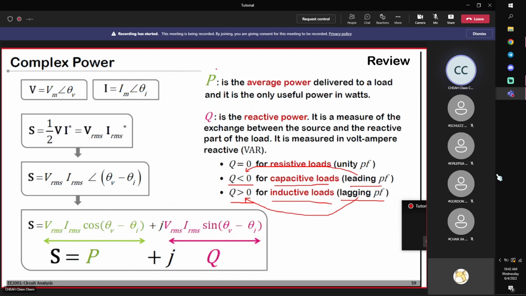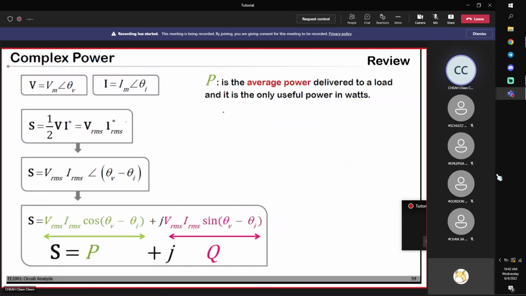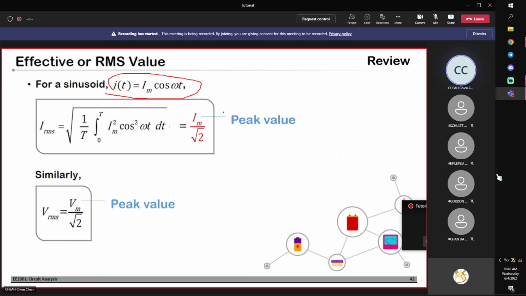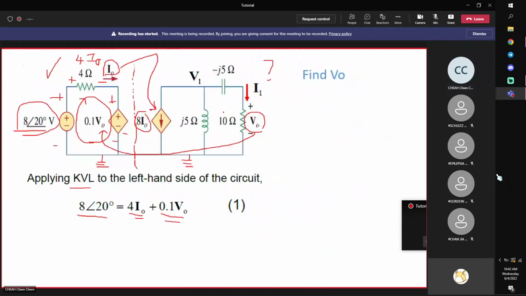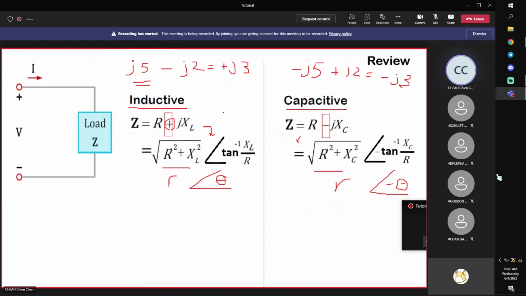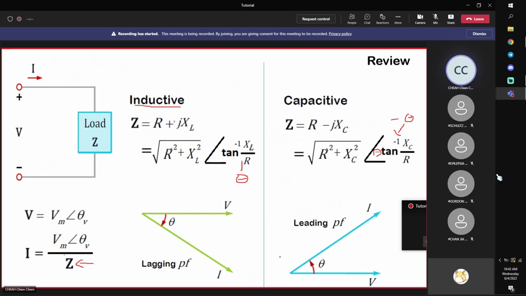This has nothing to do with circuit analysis, but rather it is just a way of remembering which leads what. Remember we have this slide: for inductive, I lags V. For capacitive, I leads V. As I said, this is not circuit analysis, it's just a way for you to remember it.